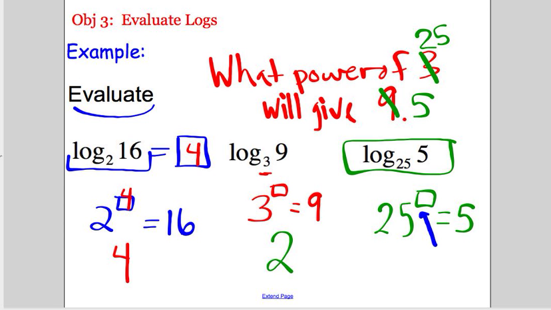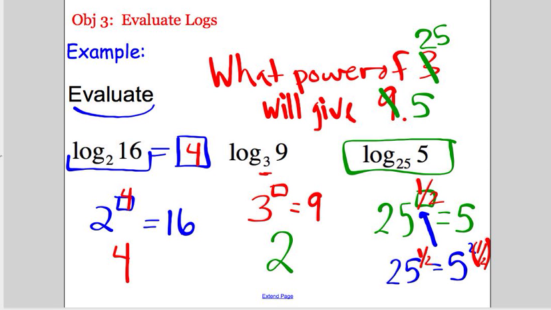And second, hopefully remembering that 5 squared is 25. Therefore 25 to the 1/2 power, because we take both sides to the 1/2 power, and we get 25 to the 1/2 equals 5. We'll be reviewing fractional exponents in this unit as well. So evaluating is looking for a value.